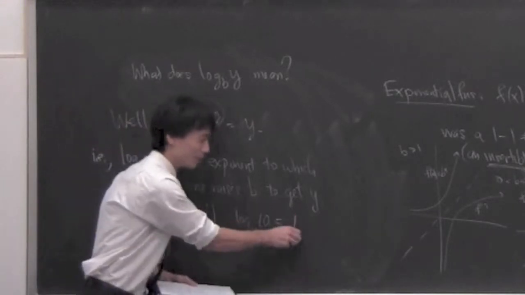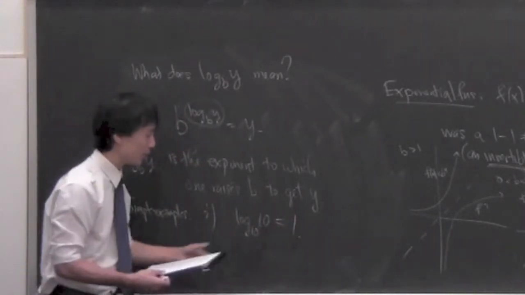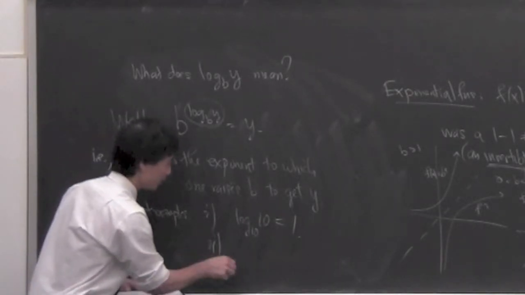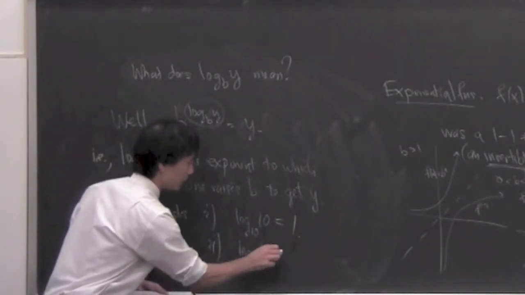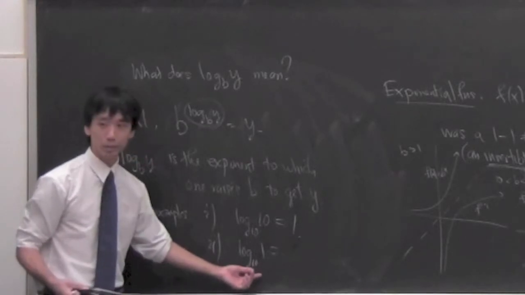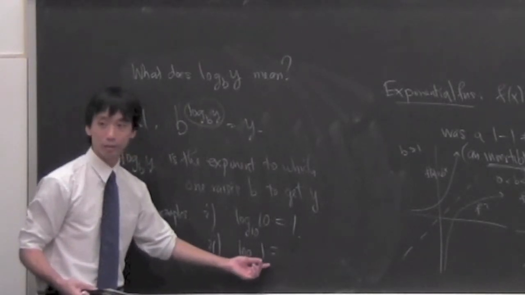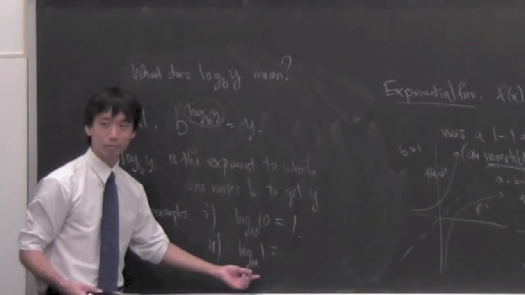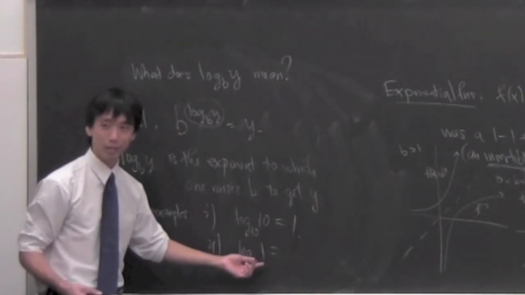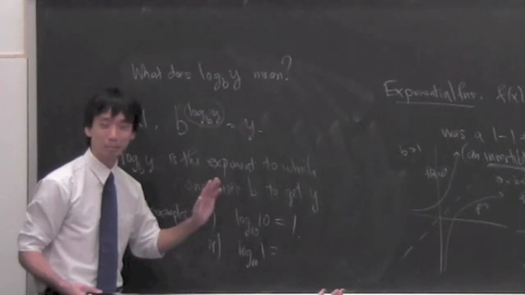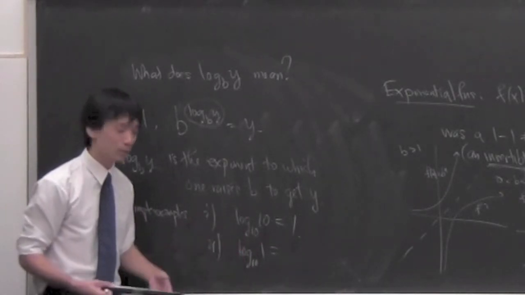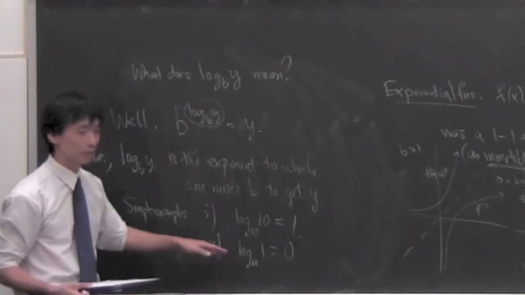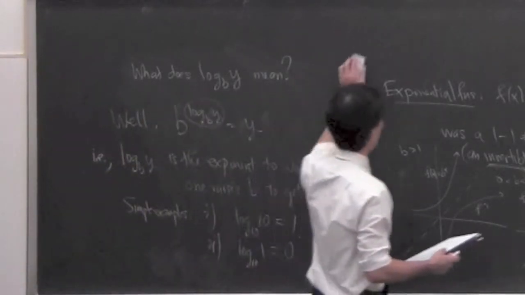Yeah, it's 1. Okay, let me give you log base 10 of 1. Well, what exponent do you raise 10 to get 1? 10 to the what is 1? Power 0. 10 to the 0 is 1, right?